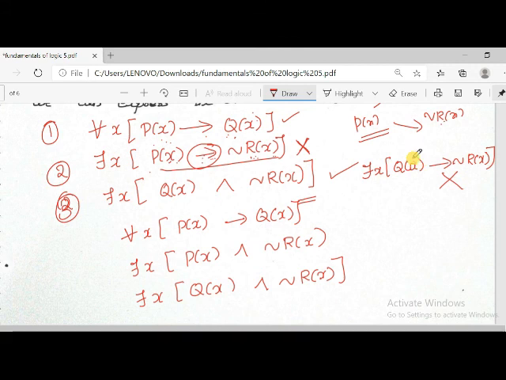It does not mean that if it is not a fear it also drinks coffee, but that is not mentioned here, because it is given only that some fears drink coffee. So we say Q of x, conjunction, negation R of x. In such situations, don't use the conditional statement; use the connective word conjunction or disjunction. Here we have to use conjunction.